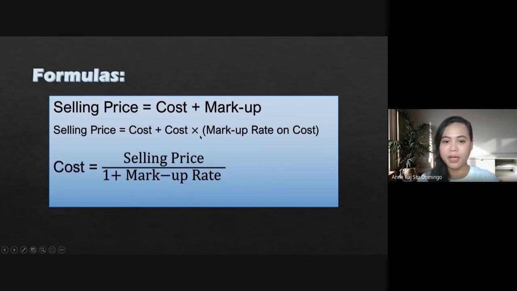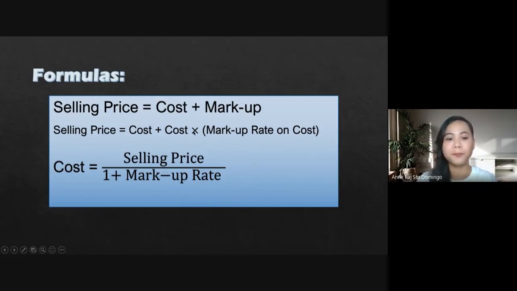We manipulated this: we factor out cost. So cost multiplied by 1, what remains is 1, then the markup rate. So 1 plus markup rate. Then you just divide the selling price by 1 plus markup rate, and we have the value for the cost.